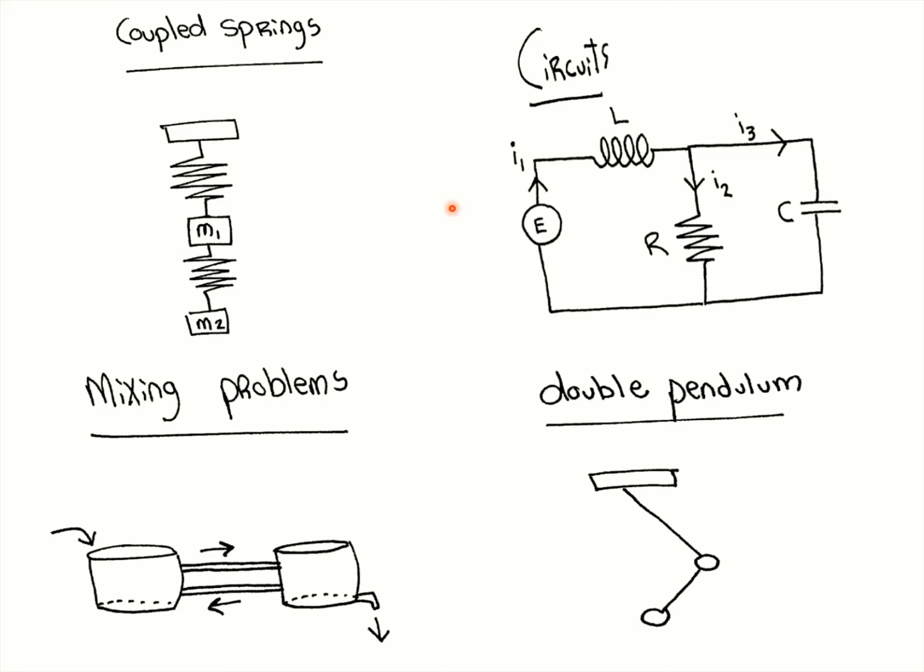Circuits. Now we did the circuits and it just formed one rectangle, but now this circuit is a little bit more complicated and there's more than one loop. Well, that's going to yield a system of differential equations. Mixing problems that we did in chapter 1, we would just have a tank and water comes out.